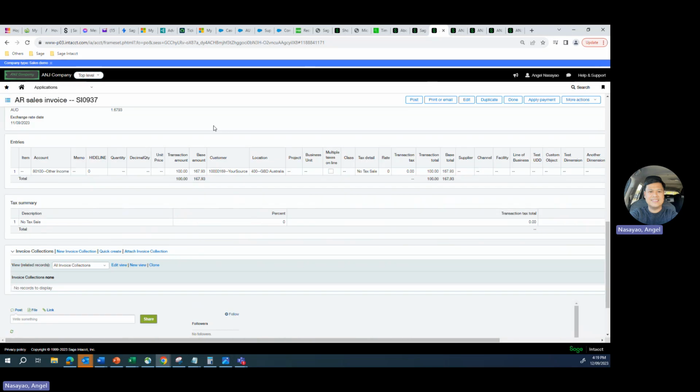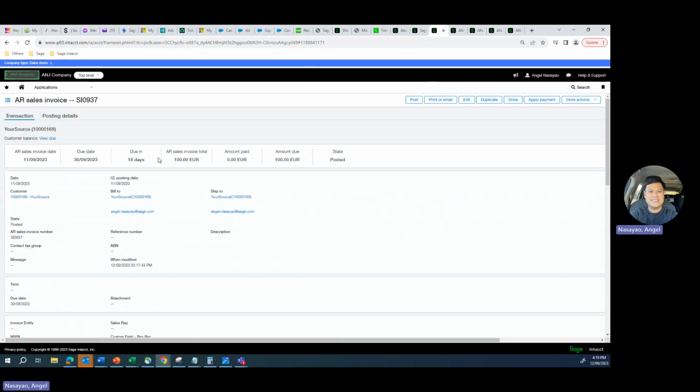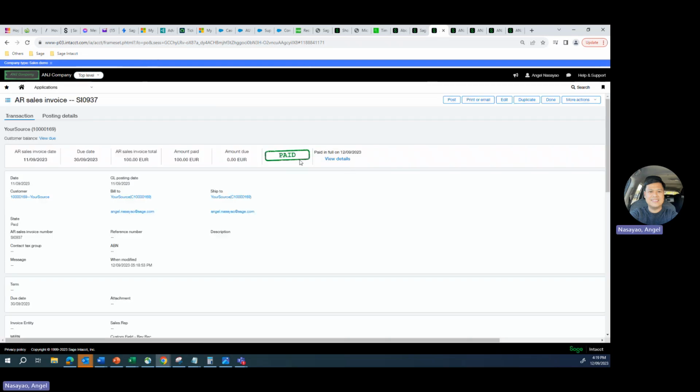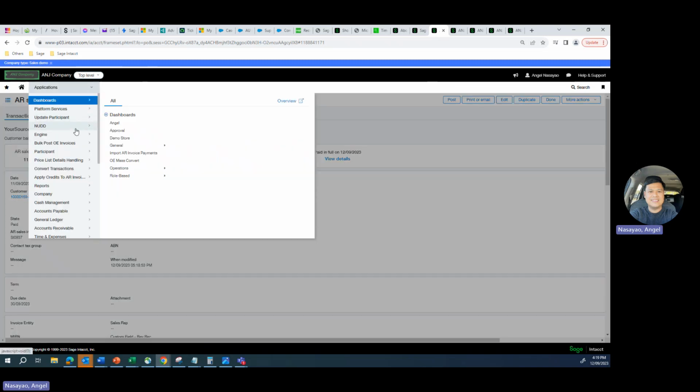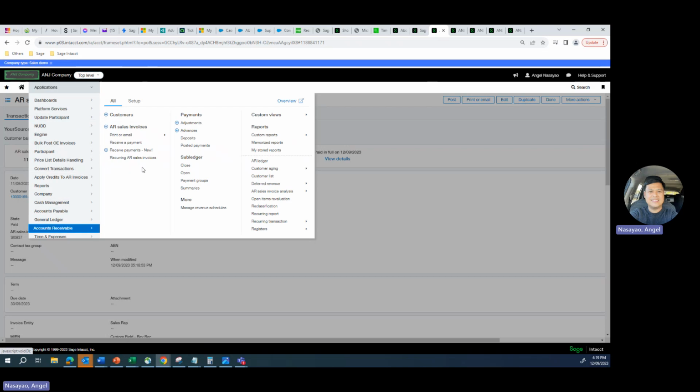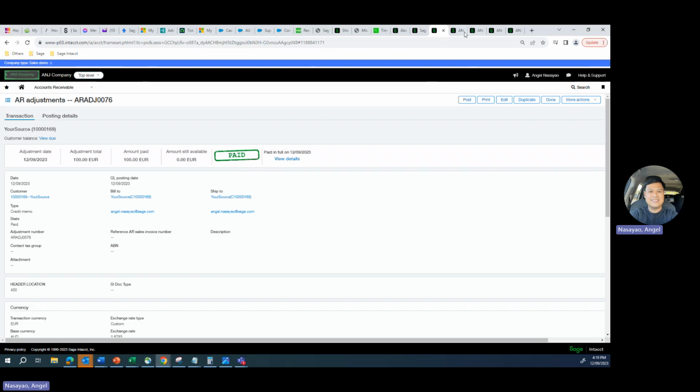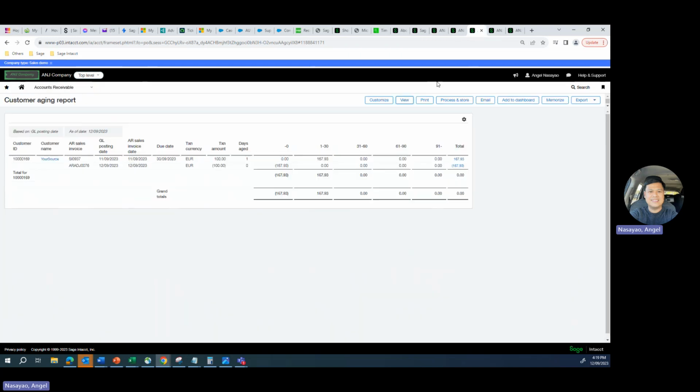Perfect. Okay, let's go back to the AR invoice. If I refresh this one, I would expect that the status should change to paid. And let's look at the adjustment as well. If I go to accounts receivable and adjustments, this one, yeah, it's also paid. But let's look at the customer aging.